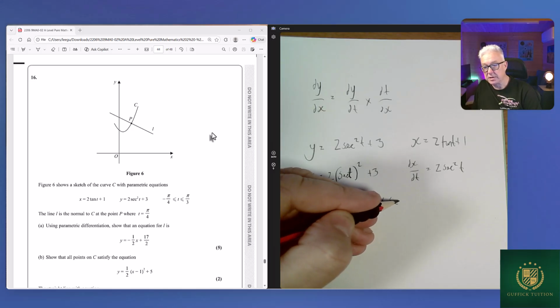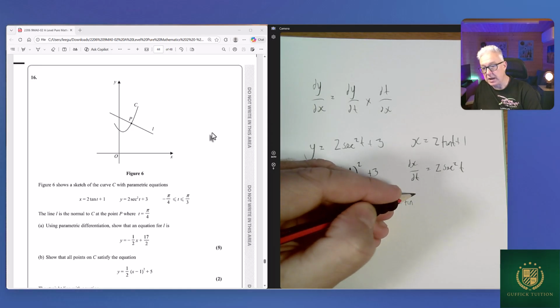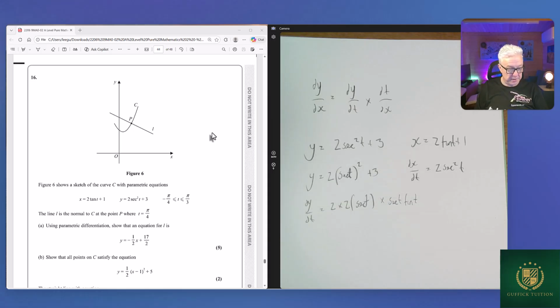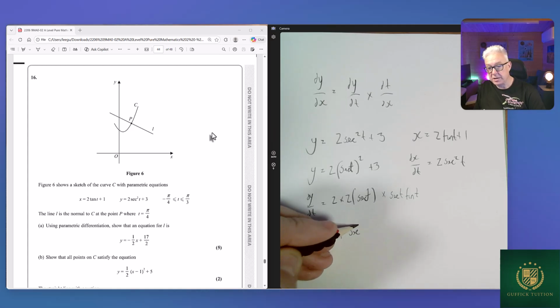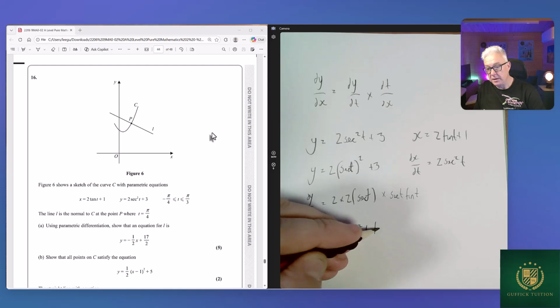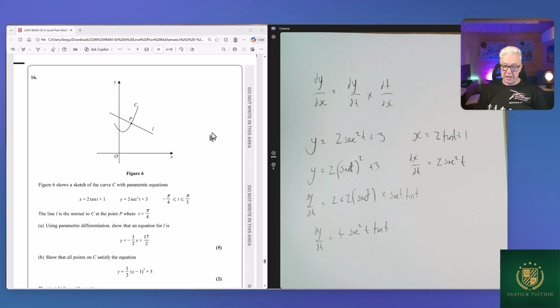So that goes to sec t tan t, and the 3 disappears. So that now means that dy by dt is equal to 4 sec squared t tan t. Okay, so that is our dy by dt.